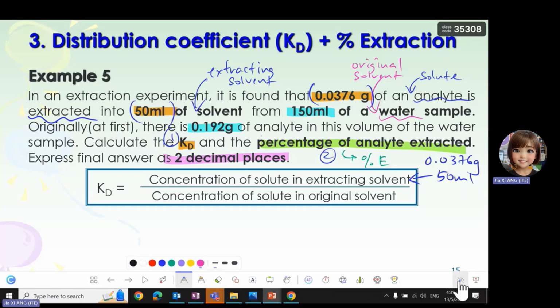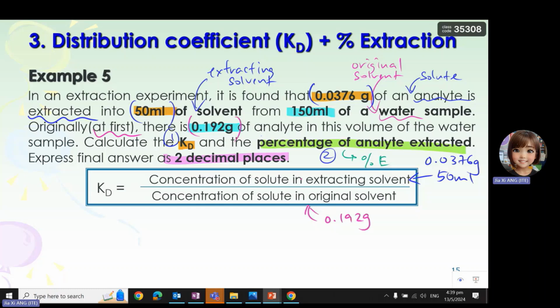Next, you have the concentration of solute in the original solvent. They mentioned that at first there are 0.192 gram of analyte in the original solvent, in the water. But take note, your KD is for after extraction.